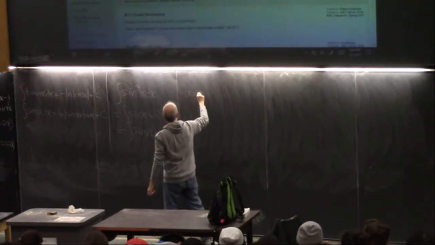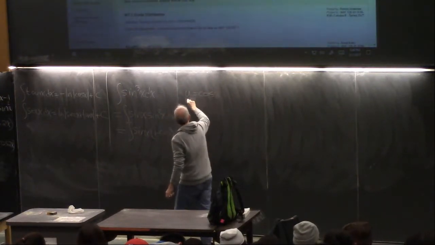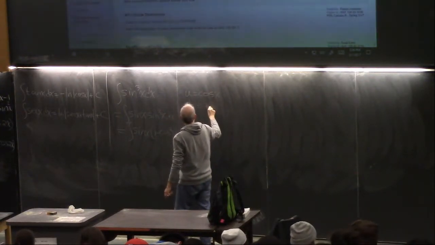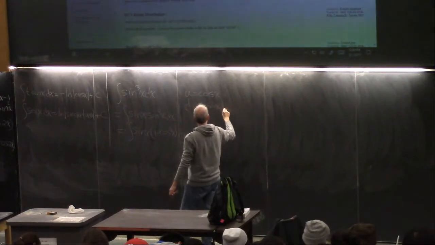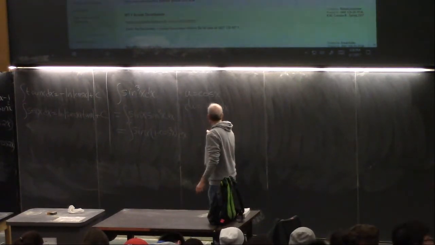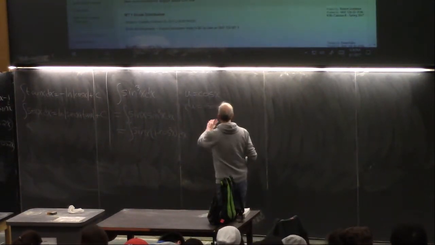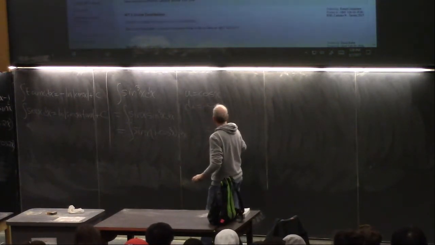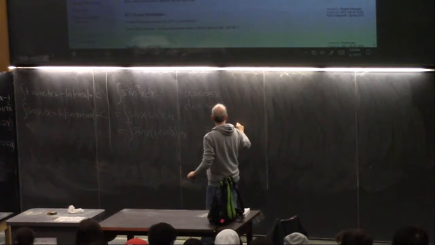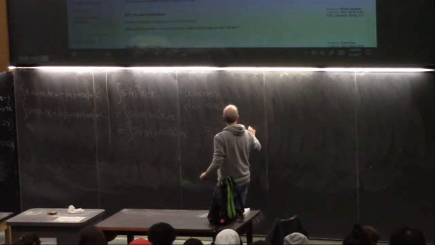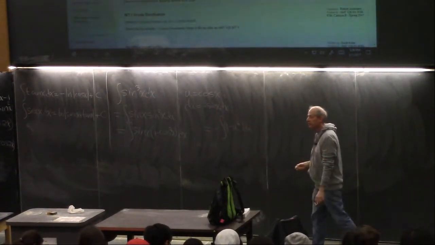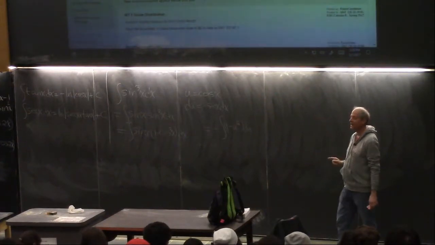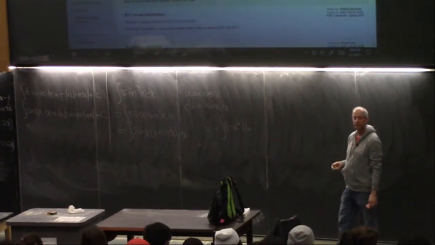So if u is cosine x, the higher power, du is negative sine x dx. So we get negative integral of 1 minus u squared, because sine x dx becomes negative du.